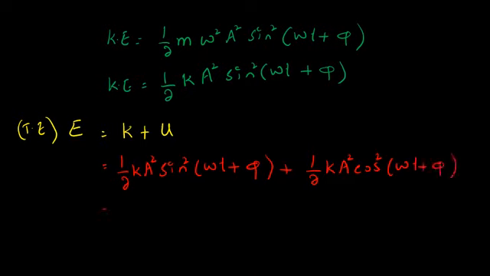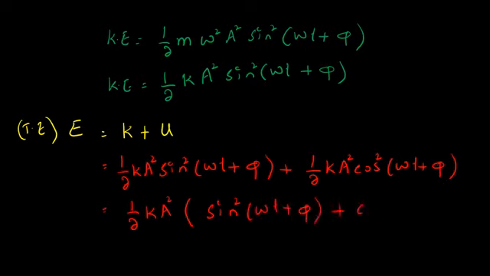So it equals 1/2 k A squared taken as a common factor, and the remaining terms are sine squared (omega t plus phi) plus cosine squared (omega t plus phi). From trigonometry, we know that sine squared theta plus cosine squared theta is always equal to 1.